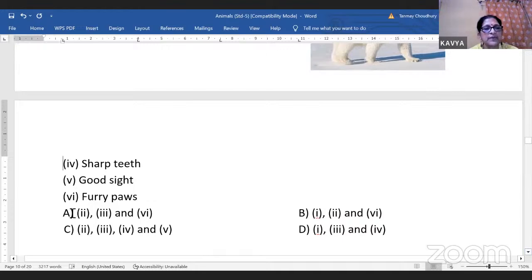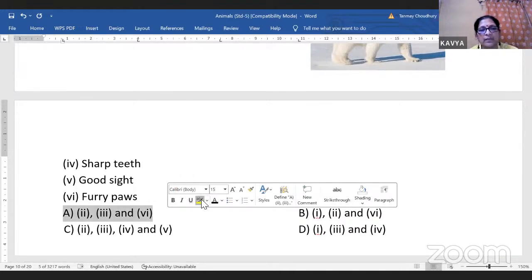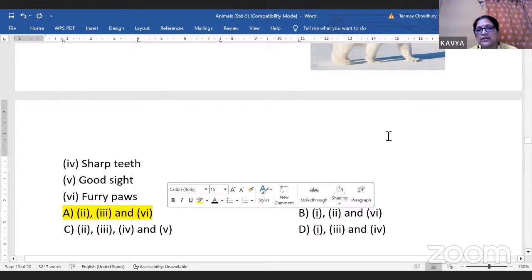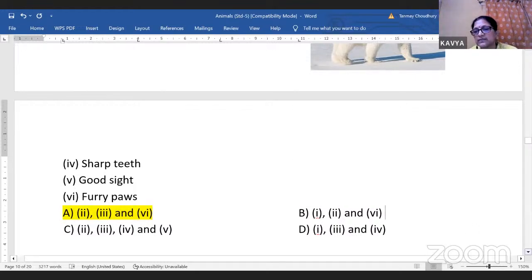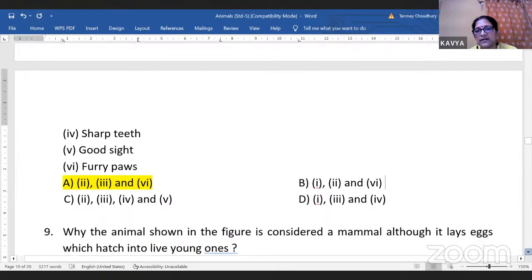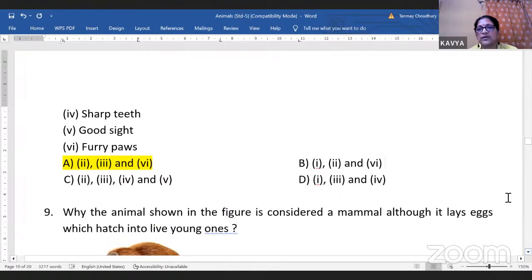Yeah, this one will be the answer. Many questions are coming from the adaptations chapter. So please understand and keep looking into it, revising it.